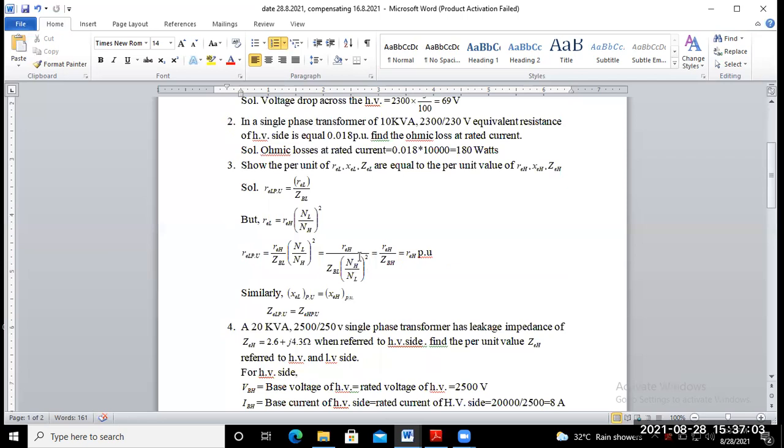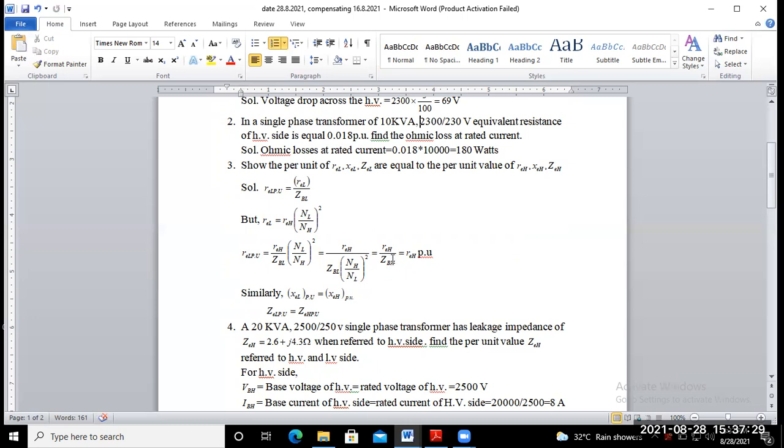So this value can be replaced by ZBH, that means the base impedance on the high voltage side. If you remember how we can transfer the resistance, reactance, and impedance from one side to another side in a transformer, we can represent this value by the base impedance of the high voltage side.